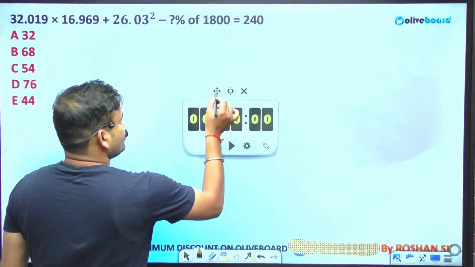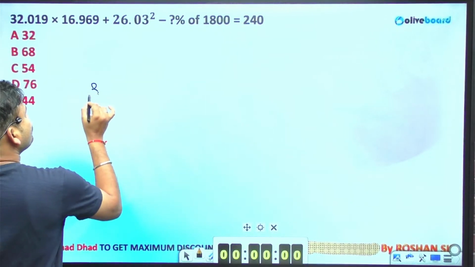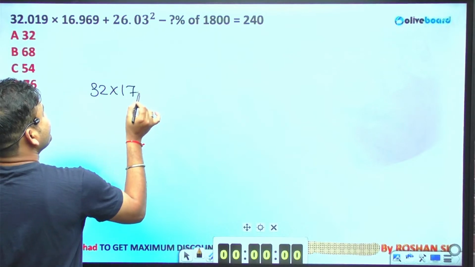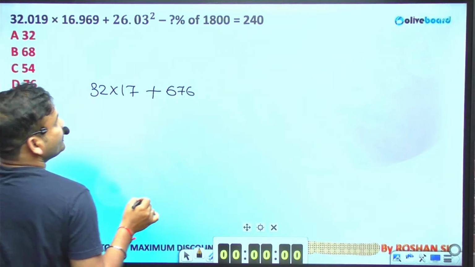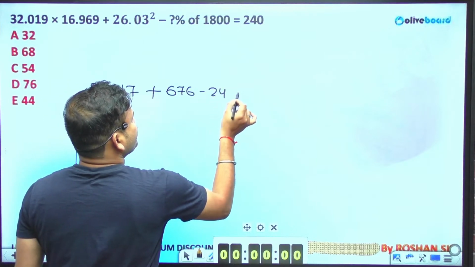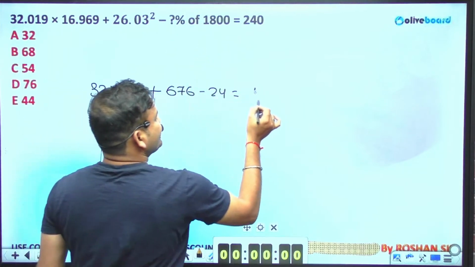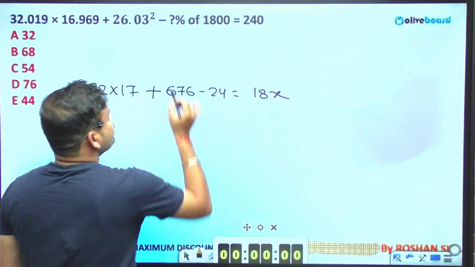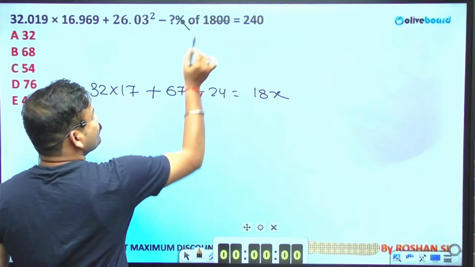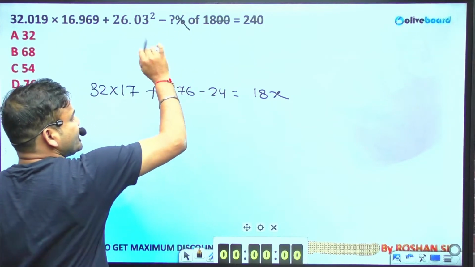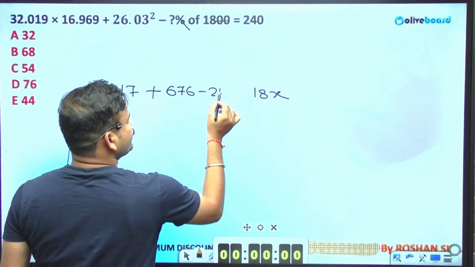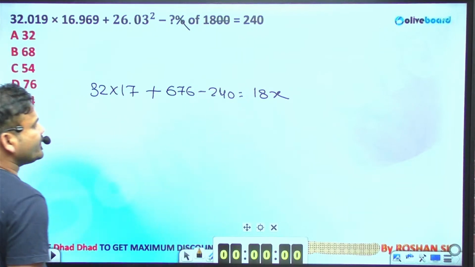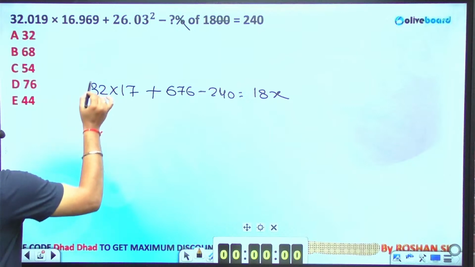Okay, so how to approach this? 32 times of this can be written as 17 plus 26 square is 676 minus 240 is equal to 18 times of x. Clear? The percentage double zero will be eliminated, so this is 18 times of question mark, that means x. So this 240 is equal to 18 times of x. So 32 into 17 will be what?